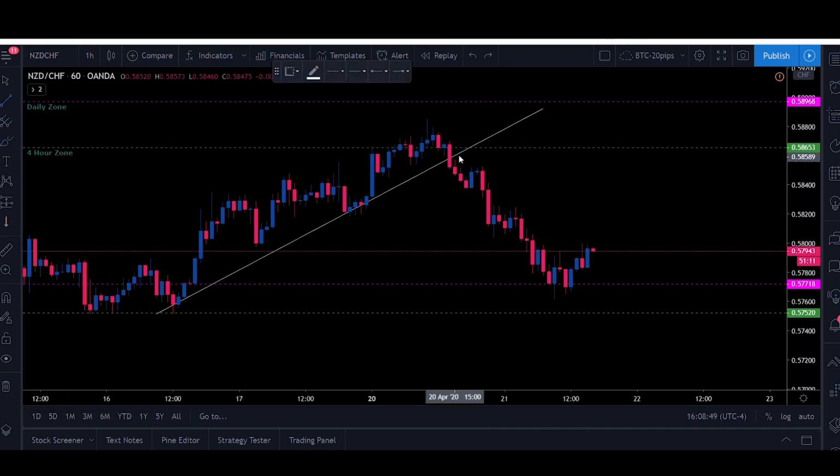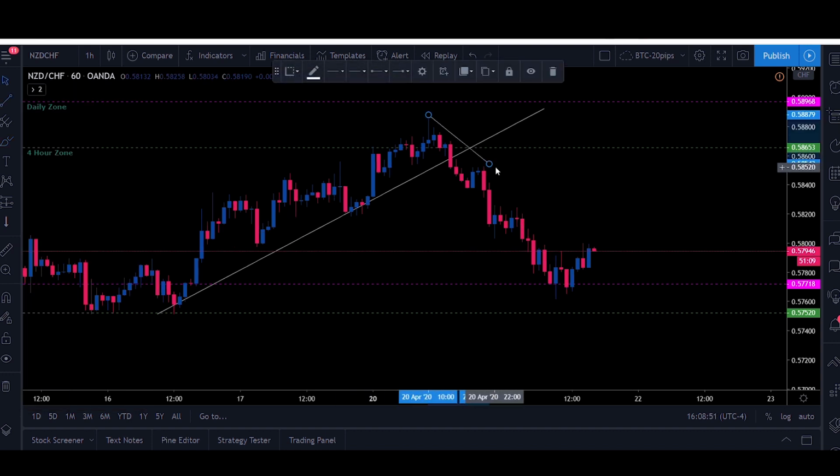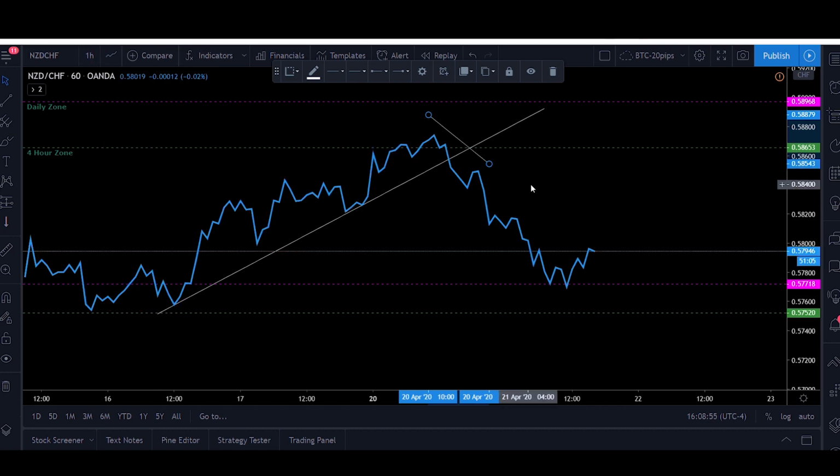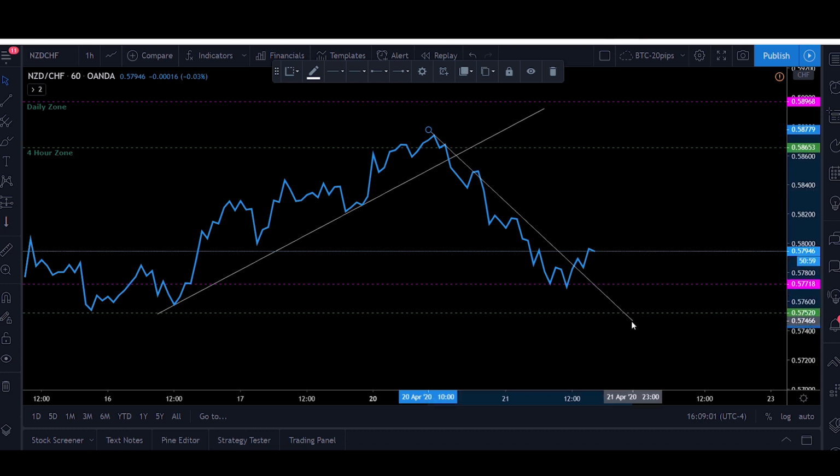So you're going to go from the top. You're going to switch back to your line chart. And then you are going to go from the top to the bottom.